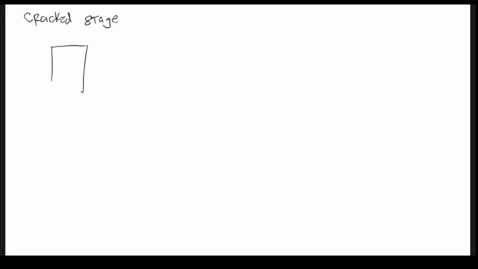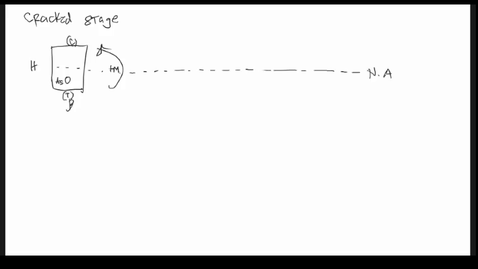So again, if this is your beam, let's say this is B, this is H, this is your AS, then you have a positive moment. That means your top fiber is in compression, your bottom fiber is in tension if it is positive moment. So if this is your neutral axis, since it is already cracked, your transformed section will now be, ang concrete mo na lang is sa taas.